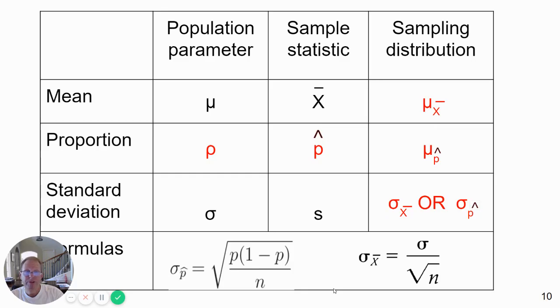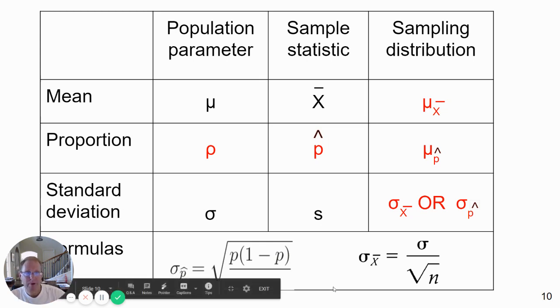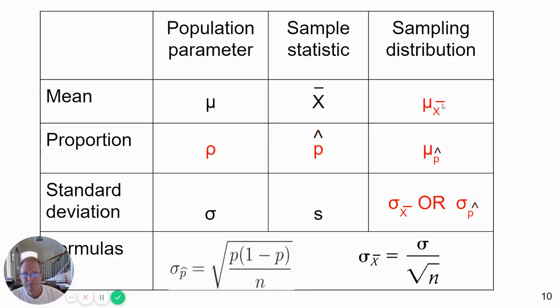Now we have some new notation for sampling distribution, and the notation is in the column on the right. This is the new notation that you need to know. The average of all my x bars is represented by mu with a subscript x bar. The average of all my p hats is represented by mu with a subscript of p hat. The standard deviation of all my x bars is represented by this symbol, and the standard deviation of all my p hats is represented by this symbol right here.